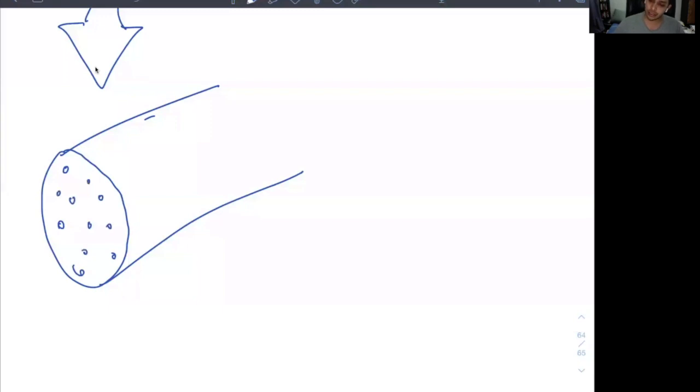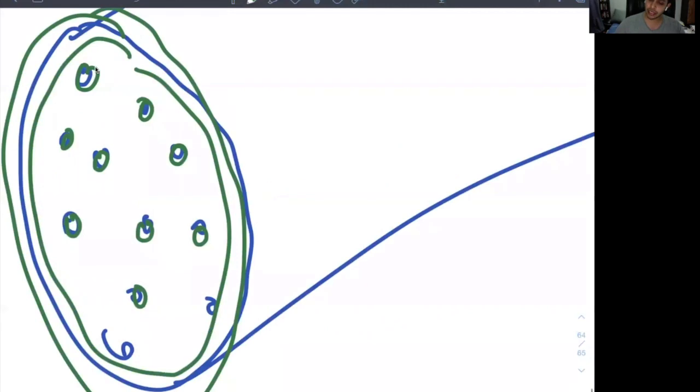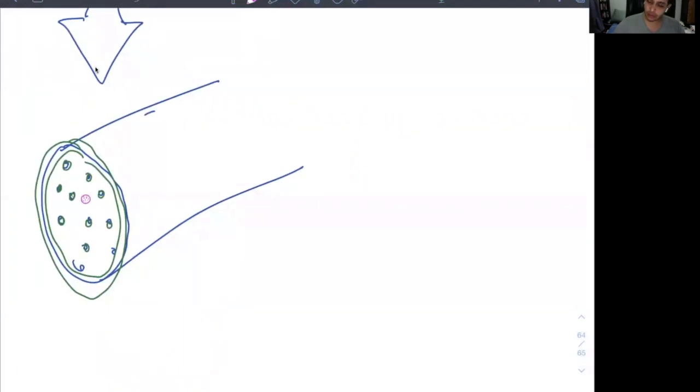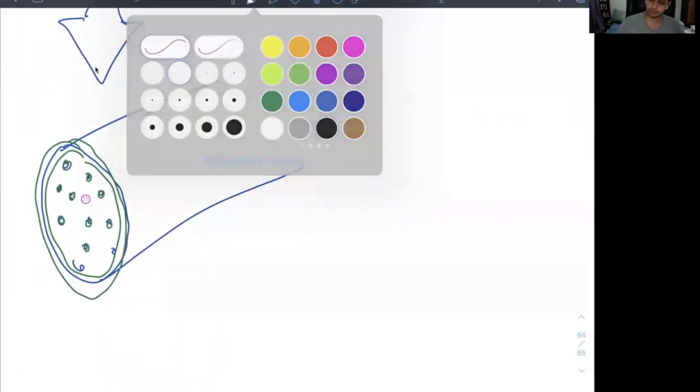So inside the nerve, you have multiple layers: your epineurium, your perineurium, endoneurium, and inside the nerve, you have bundles called nerve fascicles. And inside these nerve fascicles, you will have tiny dots of nerve fibers. Like this. So most of the nerves are mixed nerves.